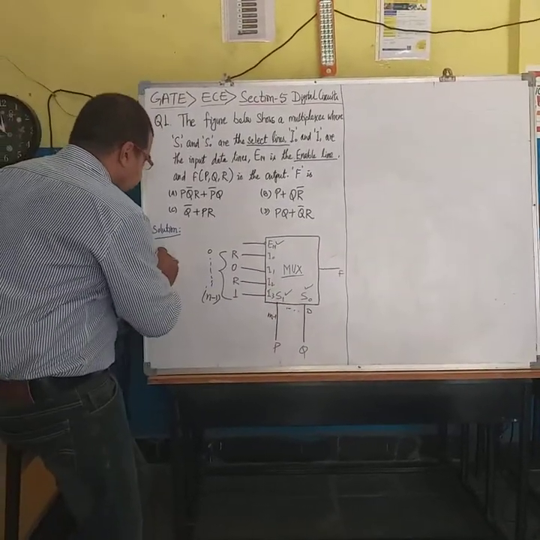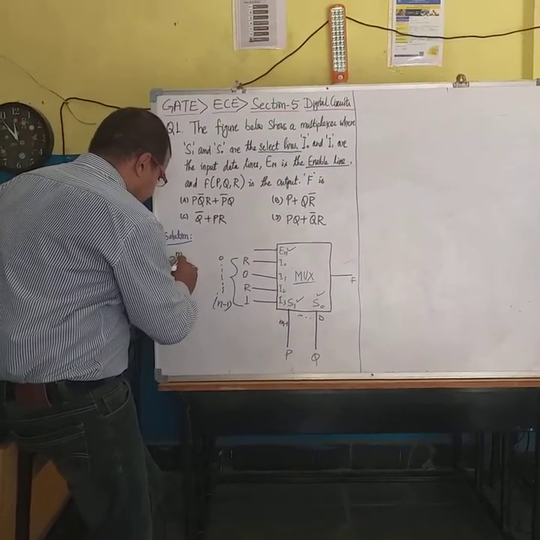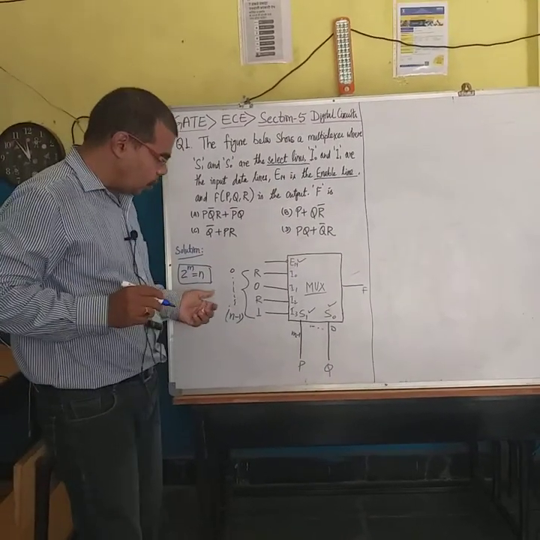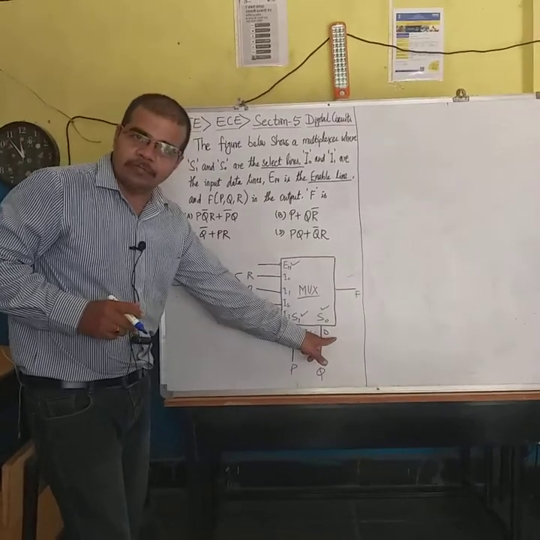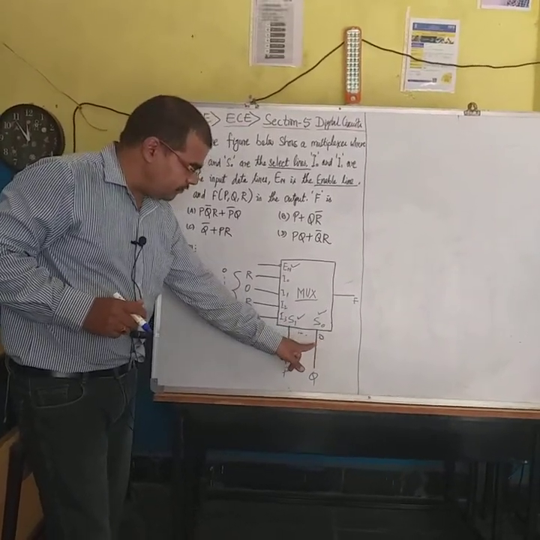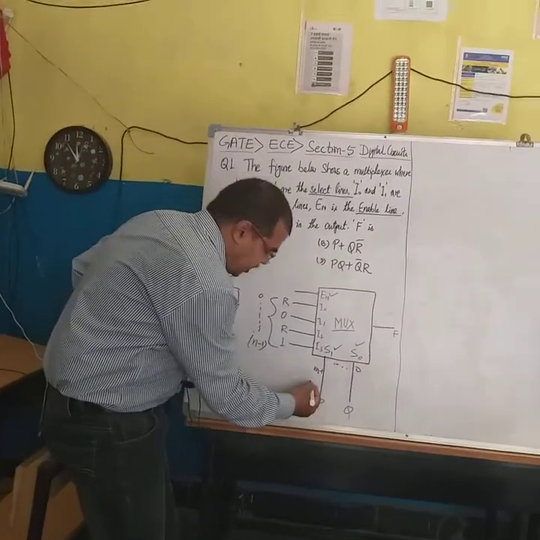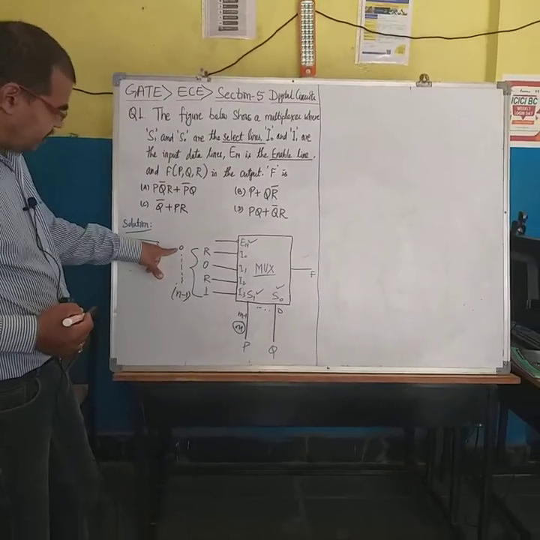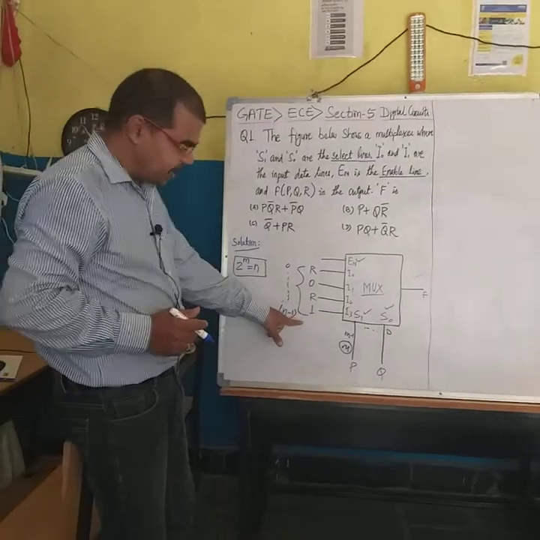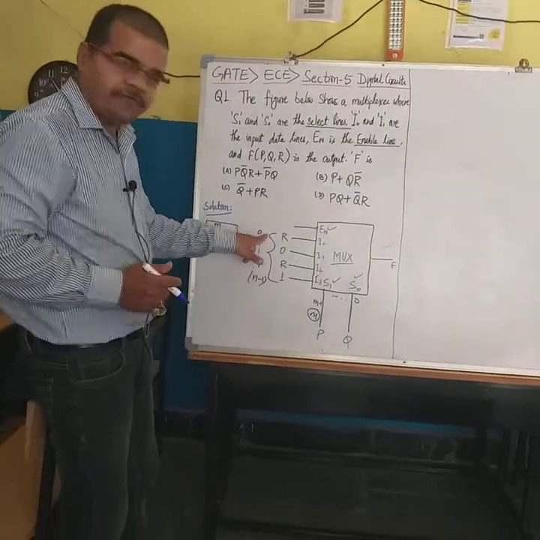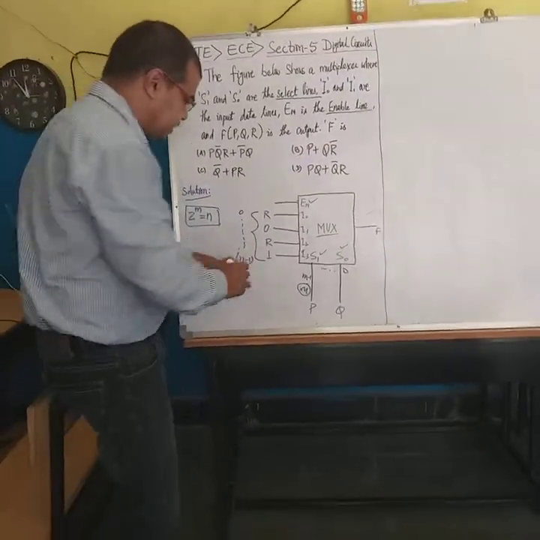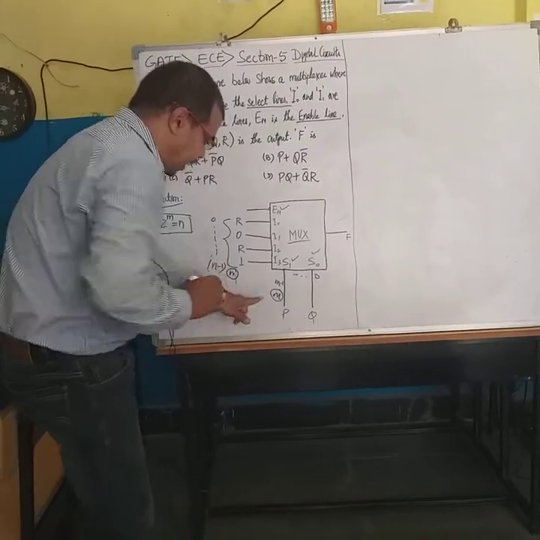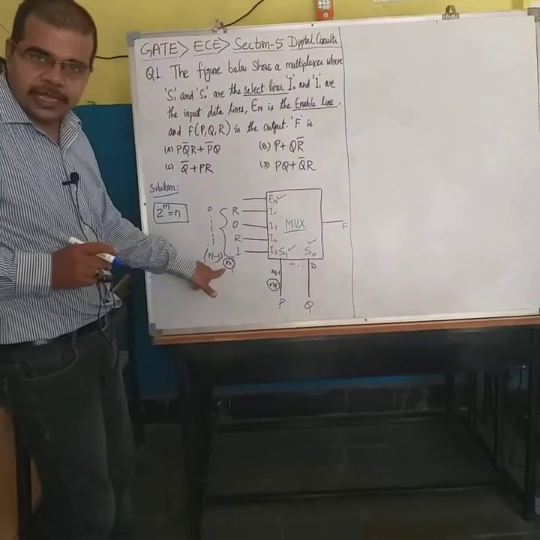The relation is 2 to the power m is equal to n. Though we are starting from 0, if we are counting from 1, here we will be having m, and similarly here we will be having n.